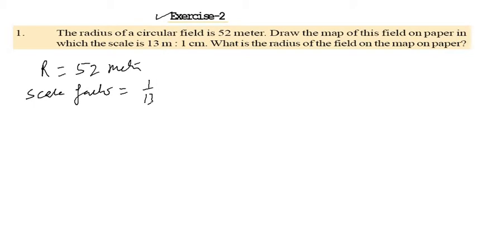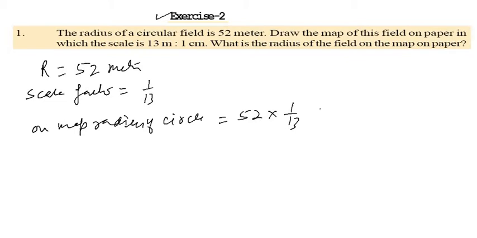So now on the map, the radius of the circle is equal to 52 into 1 by 13 centimeter. So 13 ones are 13 and 13 fours are 52. So it is 4 centimeter, and that will be your answer.